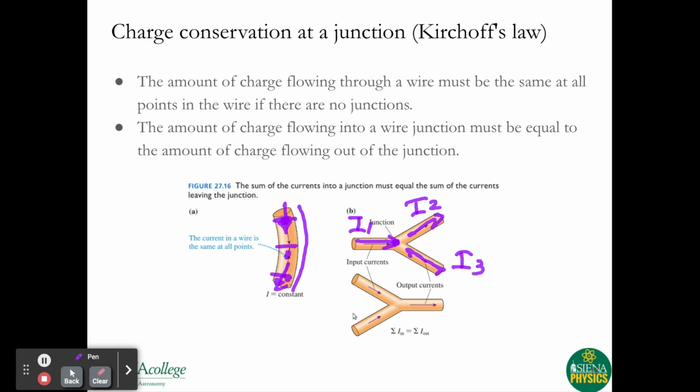Kirchhoff's law says that whatever is flowing into the branch, I1, has got to be equal to what is flowing out, so I2 plus I3. And you can look at that in reverse. If we had I2 and I3 coming together, the sum of this plus this has to give you what's coming out, if they're all flowing this way. Okay, and I think that just about finishes up chapter 27.